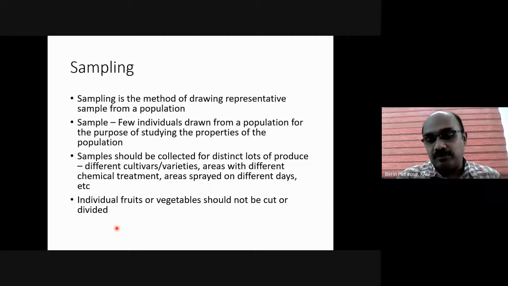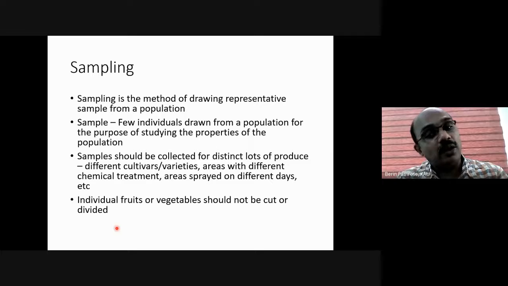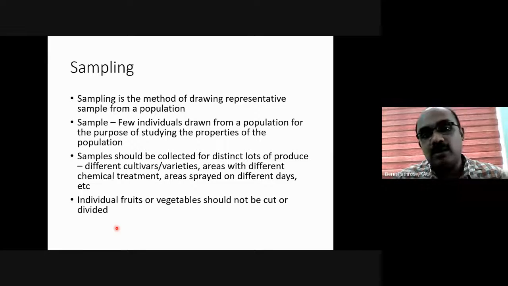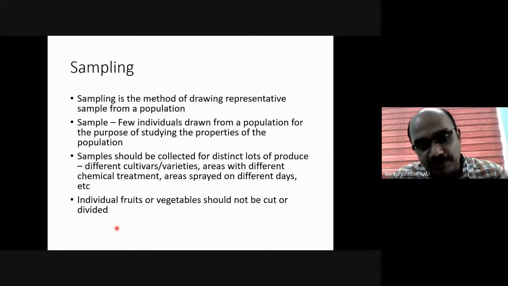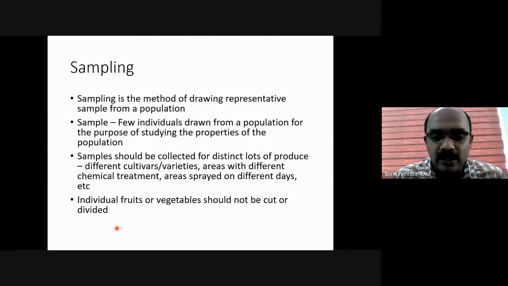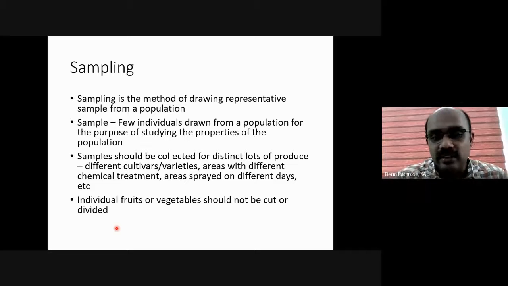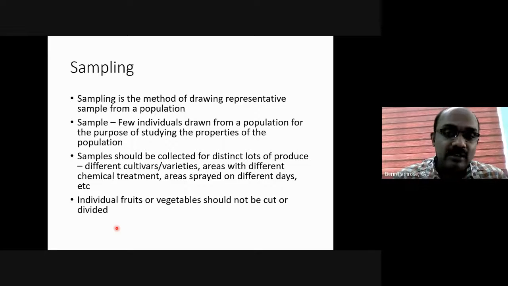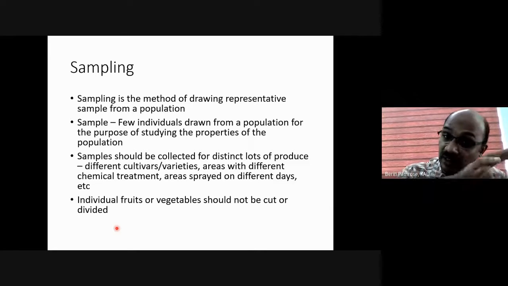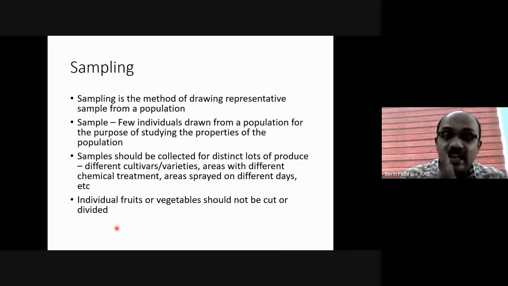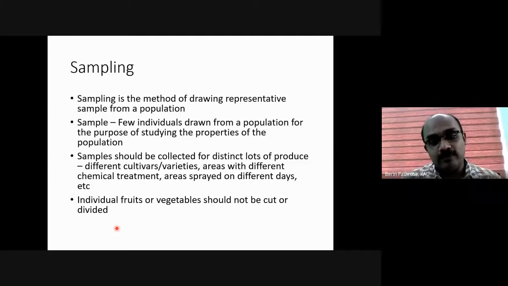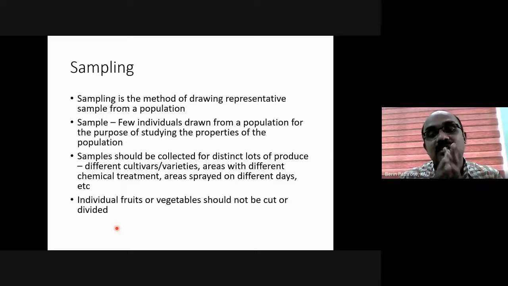And even if the farmer, upon inquiry, says that I sprayed, but it was not completed in a day, so I sprayed the next day in another area, then, if the spraying happened on different days in the same crop, again you have to sample it separately. Don't take it as a single sample.